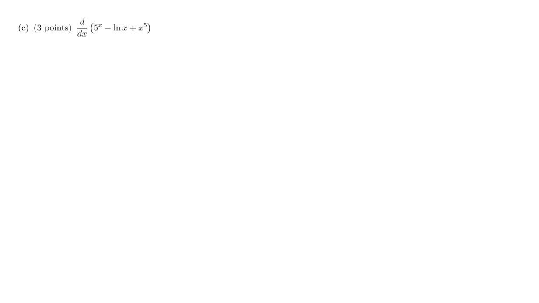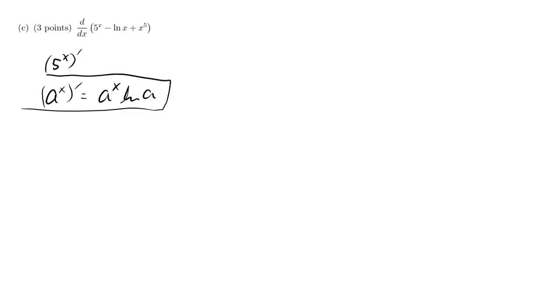Okay, so for these, 5 to the x prime, well, the formula for a to the x prime is a to the x ln of a. So using this formula, you know that 5 to the x prime is 5 to the x ln of 5. And also log of x prime is 1 over x. You have to know these formulas, okay?